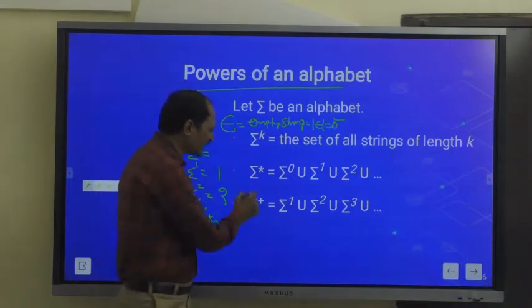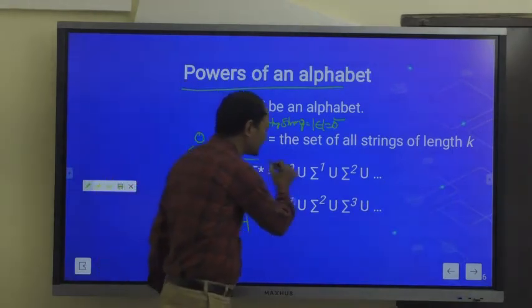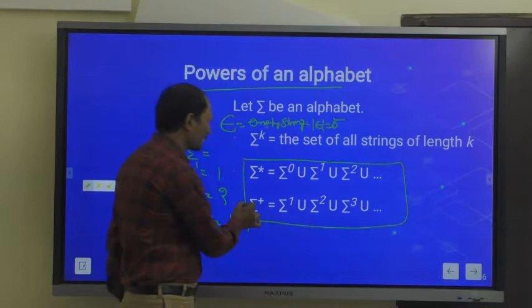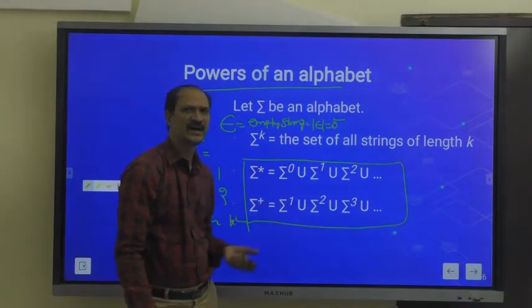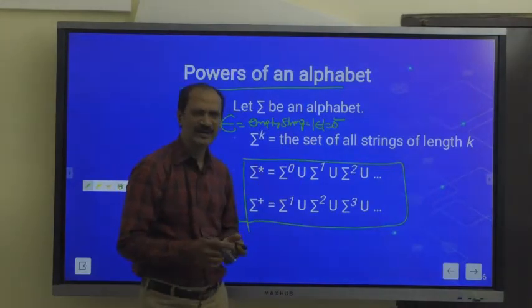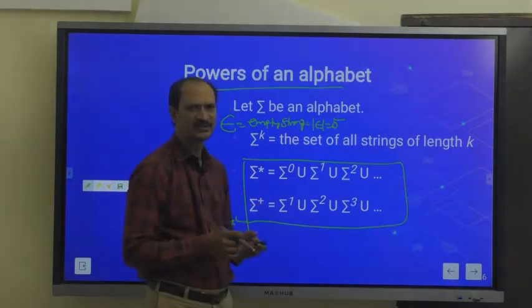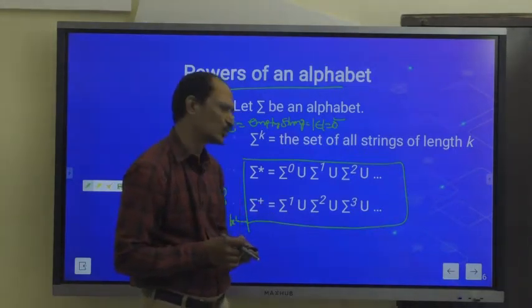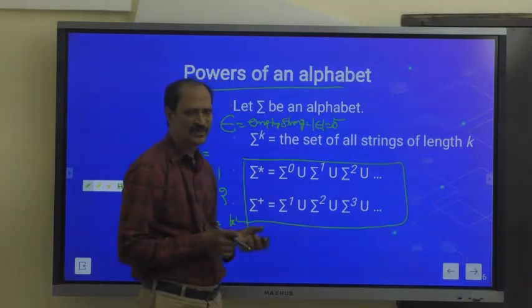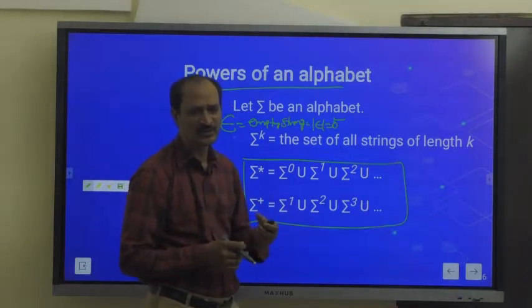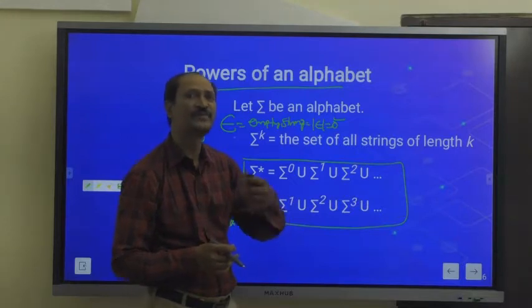Here you are going to see two important things. What is that? Sigma star. We use the word star to represent the Kleene closure. We are going to use the word plus to represent the positive closure. So Kleene closure means you are going to have the set of all strings whose length starts from 0.